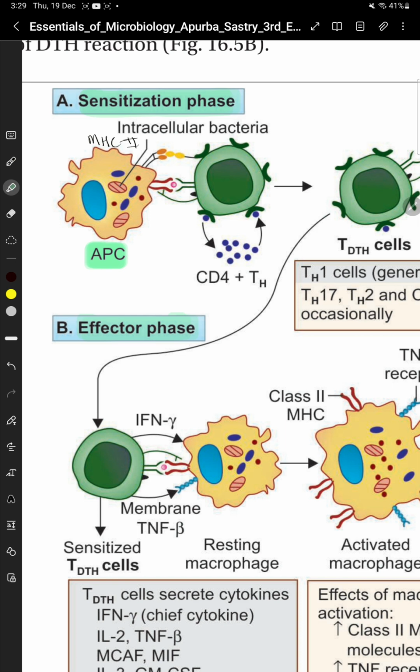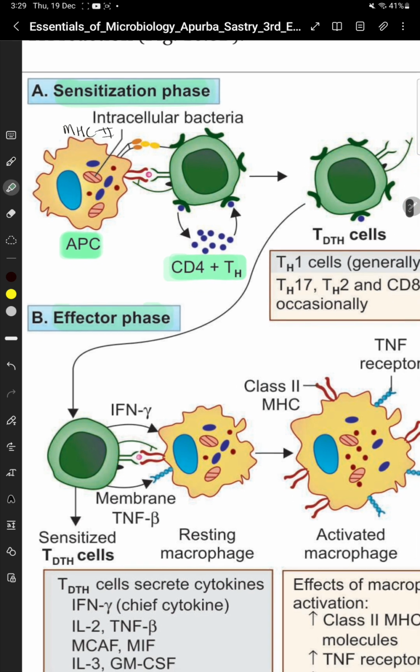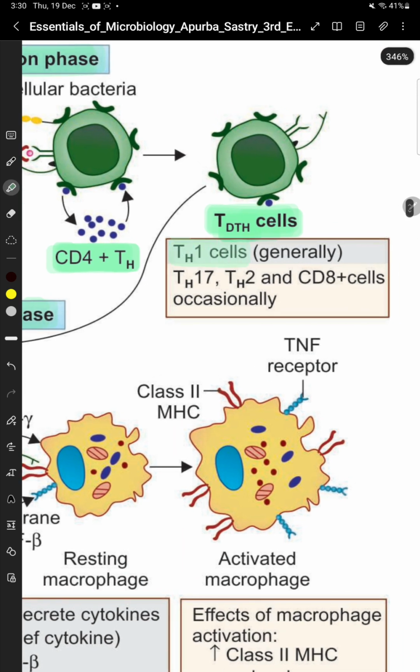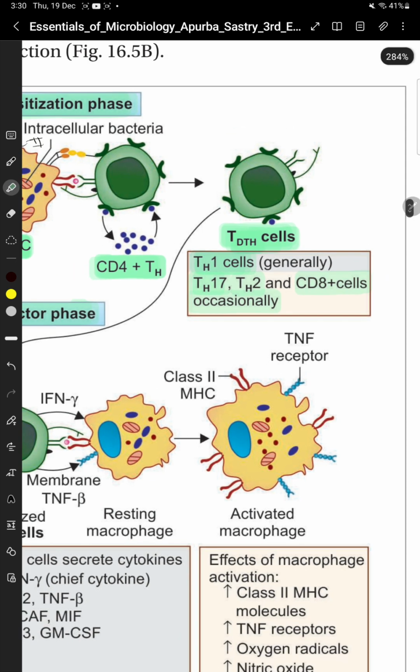They will present the antigen to helper T cells, and these helper T cells will be differentiated into T DTH cells. DTH stands for delayed type hypersensitivity. These T DTH cells are generally TH1 cells, but occasionally they can be TH17 or TH2, or they can even be CD8 plus T cells, cytotoxic T cells.